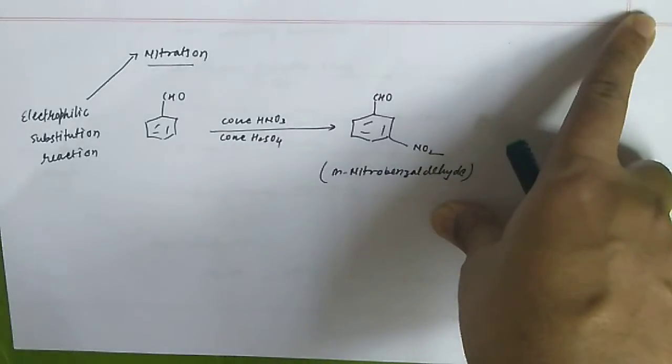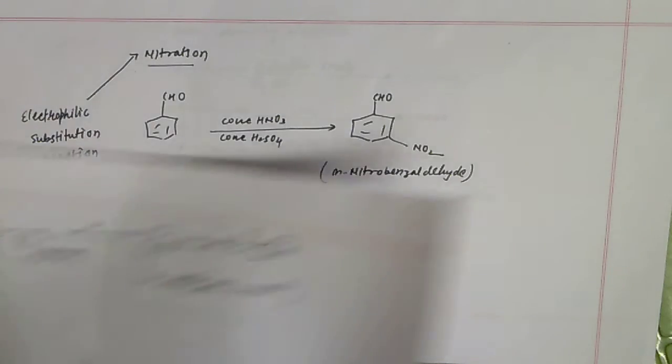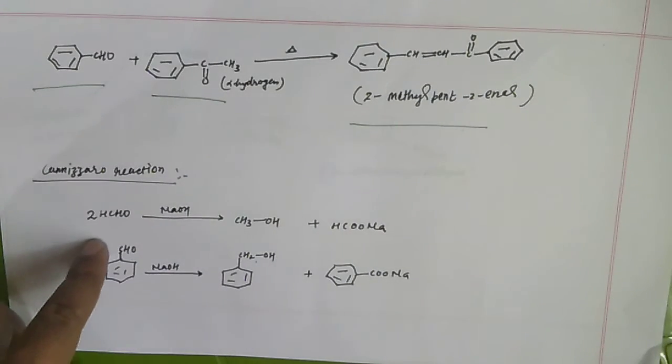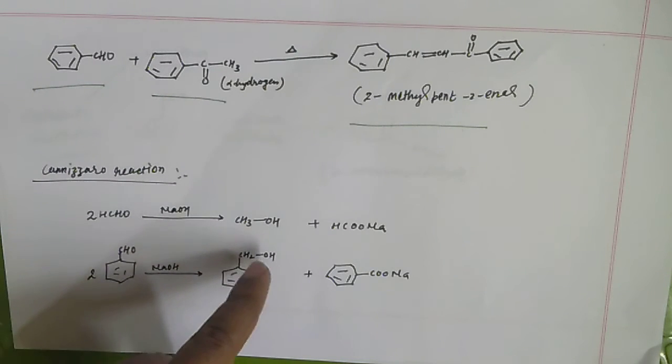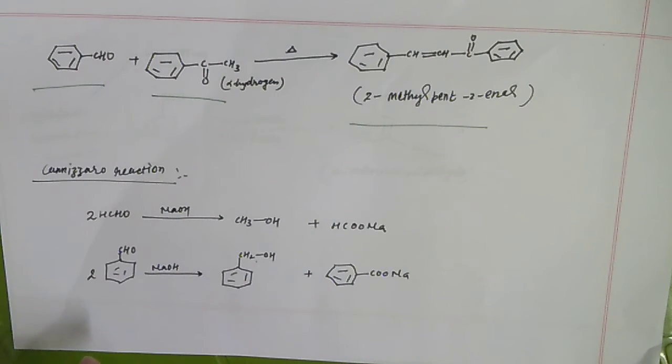Taking formaldehyde, there is no alpha hydrogen, so with base on heating it gives methanol and the sodium salt of formic acid. And if you take 2 molecules of benzaldehyde, which also has no alpha hydrogen, it will give benzyl alcohol and the sodium salt of benzoic acid.